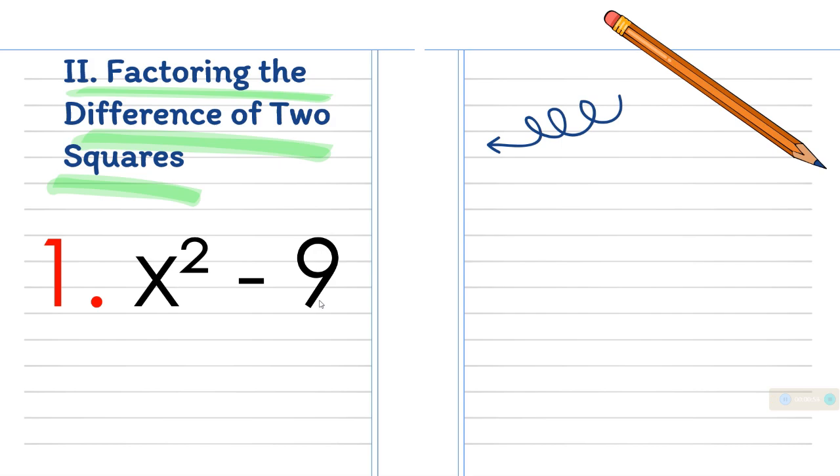It is very easy to factor the difference of two squares, especially if you already have your knowledge in finding square roots. Okay? So let us have the factors of x squared minus 9. First, you have to get the square root of the first term, x squared. The square root of x squared is x.